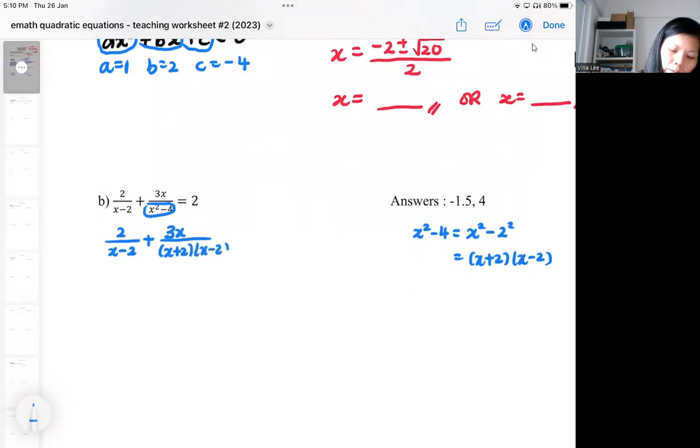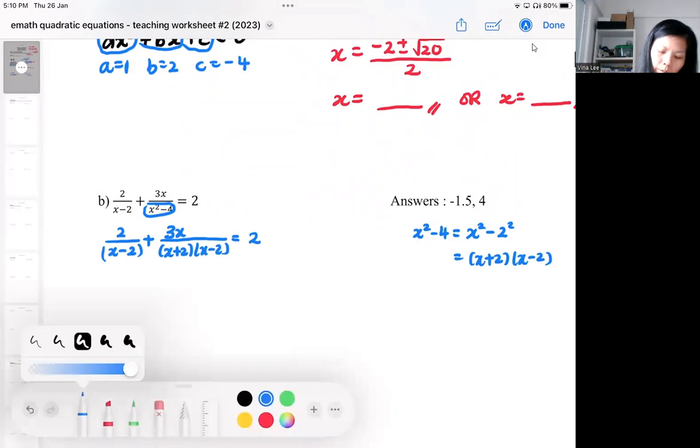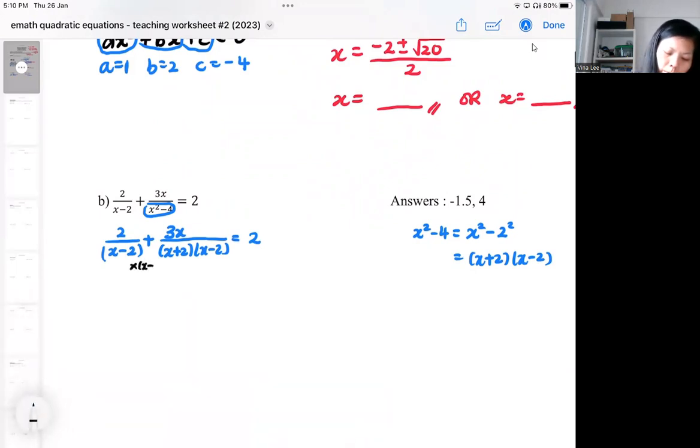After you factorize, you look at the two denominators. You realize that this one is missing a bracket. This one is missing x plus 2. So I'm going to make the same denominator, which enables me to add the numerators.